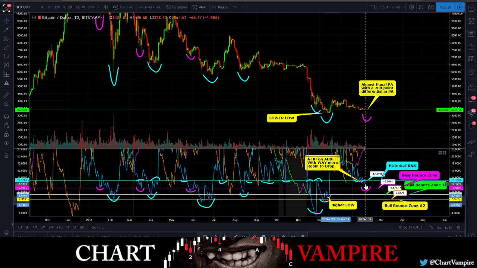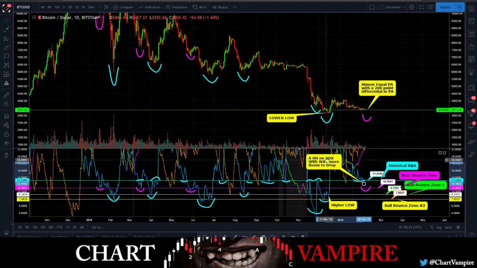So if we fall again from here to here, I believe we will be greater than a lower low. I think if we fell from here to here, we would fall deeper than this lowest low, so we basically have a higher high with a lower price action, which is bearish to me.